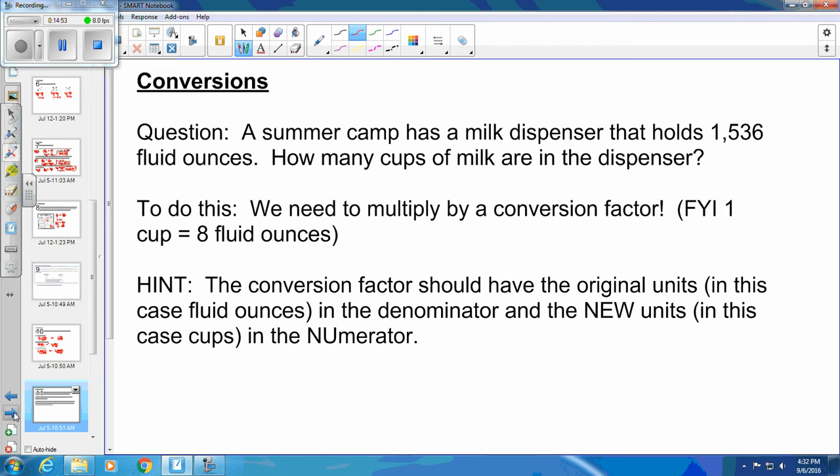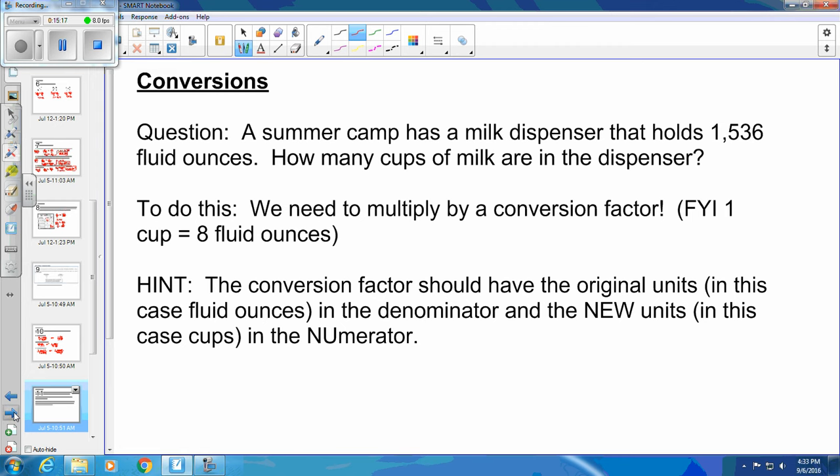Remember, anytime you multiply a fraction by a form of 1, it's still the same fraction, or it's still the same ratio in this case. We need to know that 1 cup equals 8 fluid ounces. Now, here's a big hint, and I always use this when I'm doing conversions, even to this day, and I've been doing conversions for years.